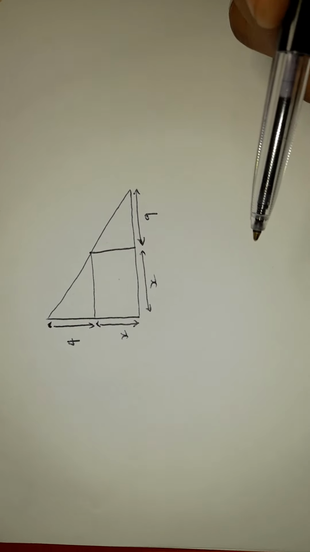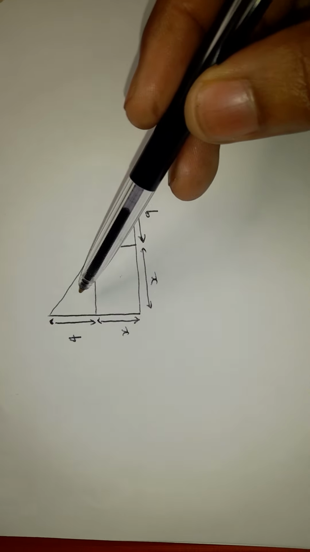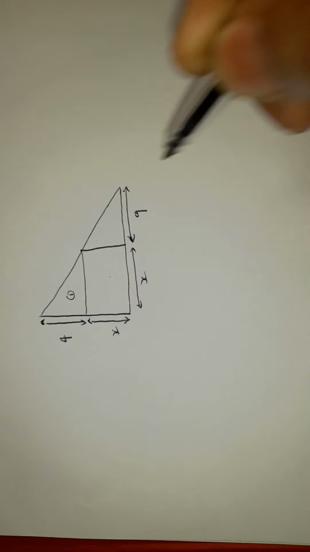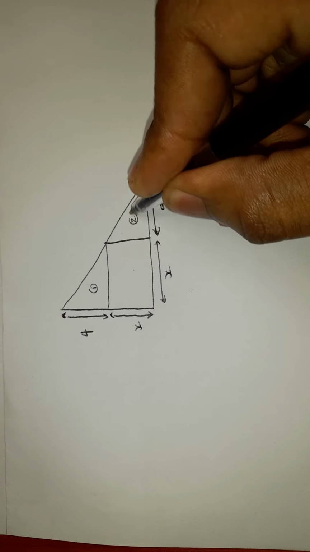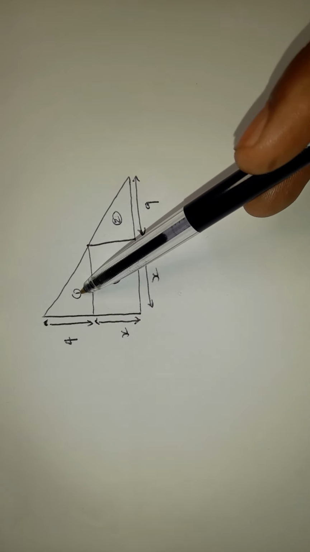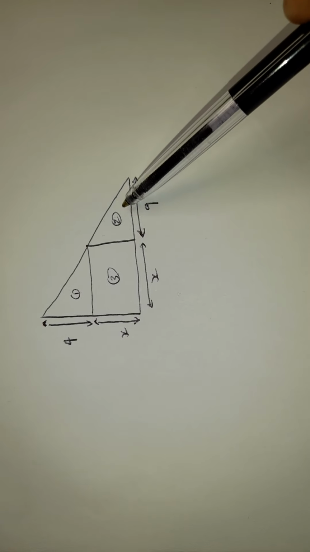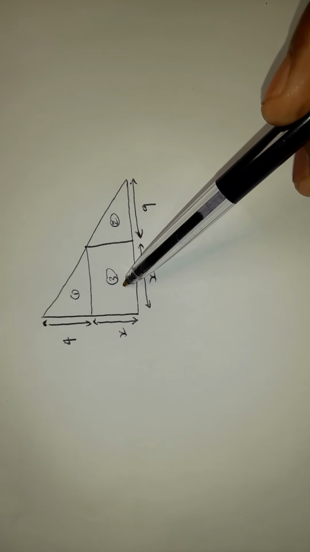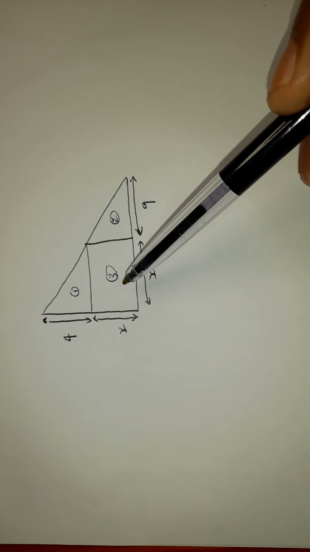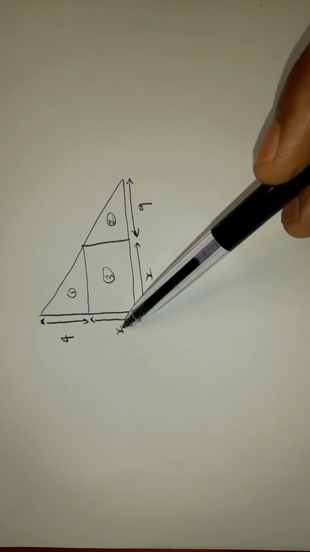So the easiest way to solve it is to find the area of triangle 1, I mean to say triangle 2, and the area of the square. If we add the area of triangle 1, the area of triangle 2 and the area of the square, we will be able to get the area of the bigger triangle. That way we can solve for x, right?